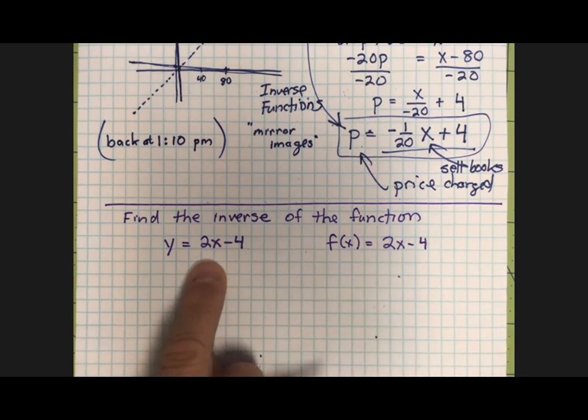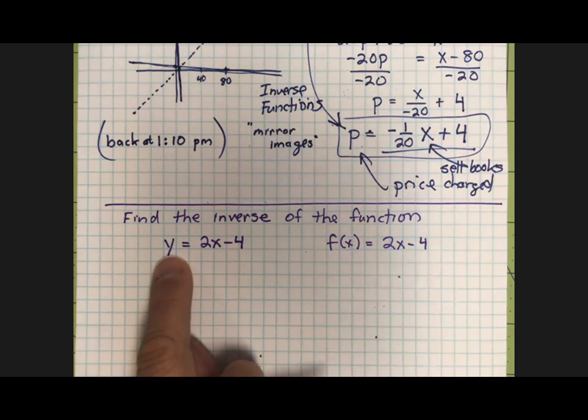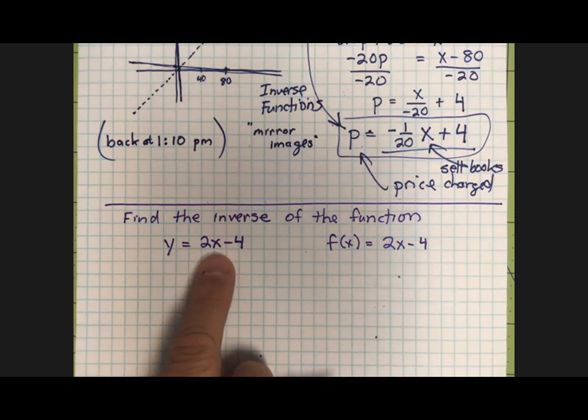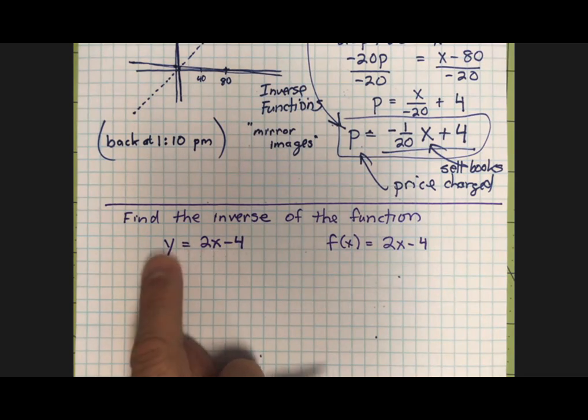So what would it take to undo this equation? What would it take to turn this equation inside out? Literally, instead of y is a function of x, I'd like to find out what x is based on y.